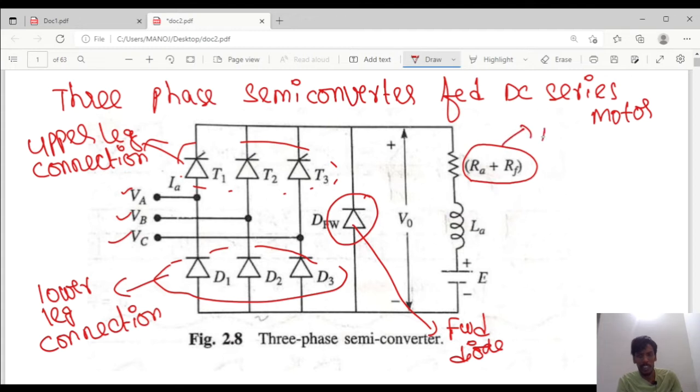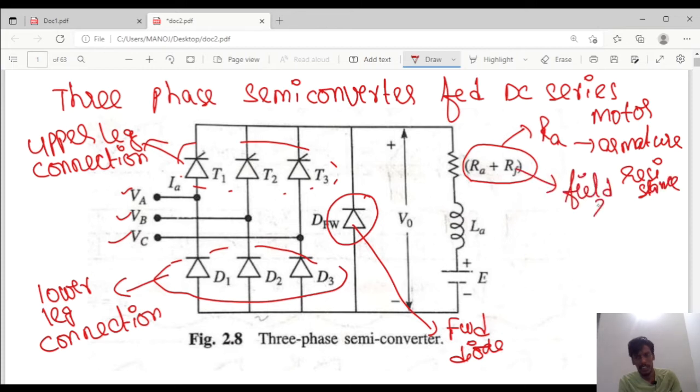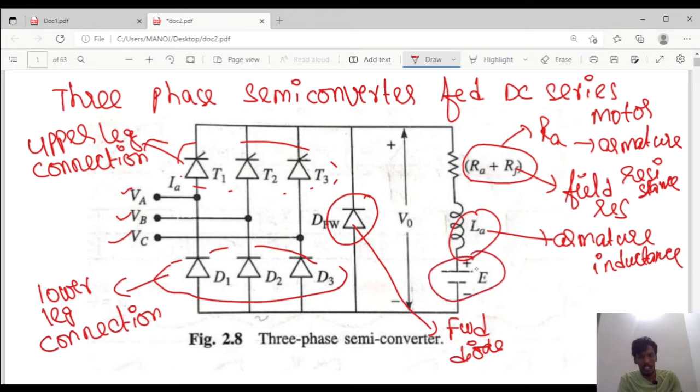RA is known as armature resistance, RF is known as field resistance, LA is known as armature inductance, and E is the motor back EMF. So this is the three-phase semi-converter circuit.